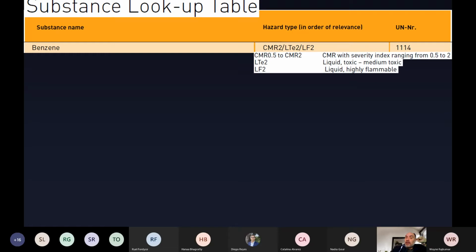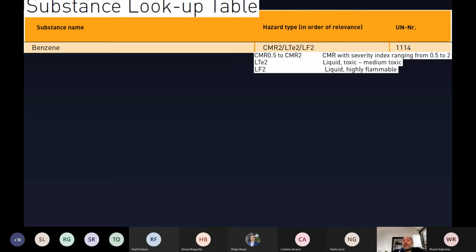That's carcinogenic, mutagenic, and reproductive toxic. And it deals with the scale from 0.5 to 2. And then we can see that we have a big deal since we are dealing with the top of the impact for this kind of hazard.